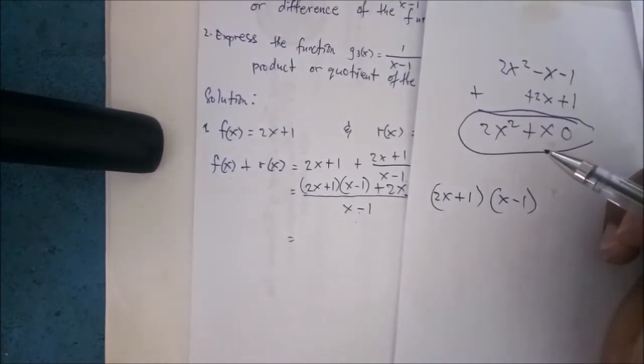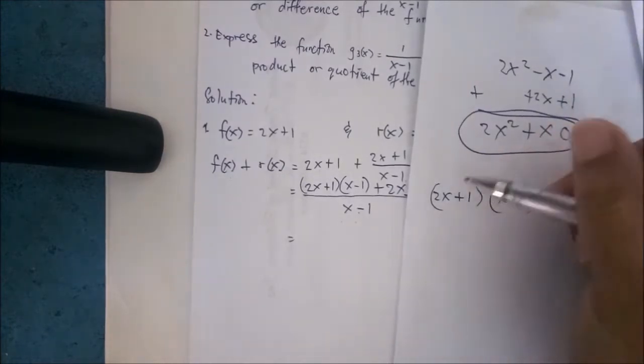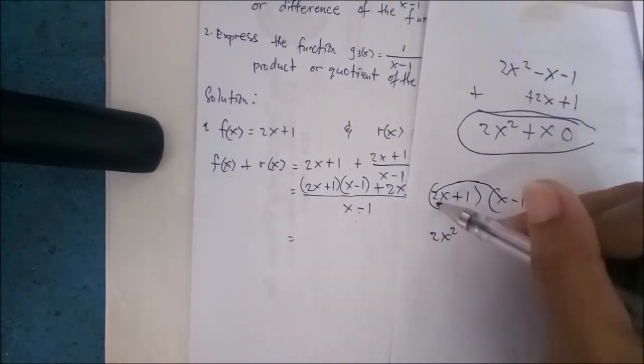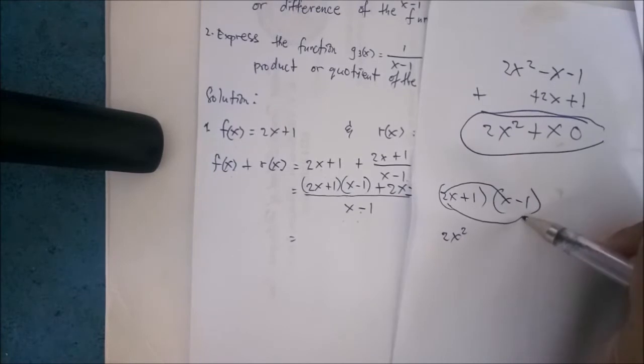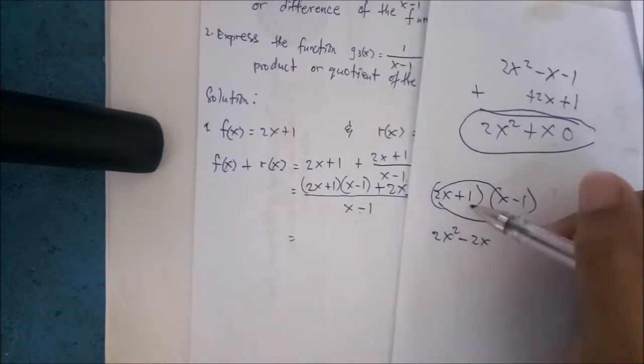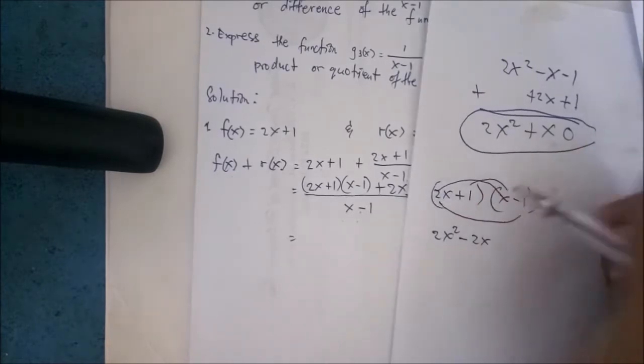We will use the distributive property. 2x times x equals 2x squared. 2x times negative 1 equals negative 2x. 1 times x equals positive x.